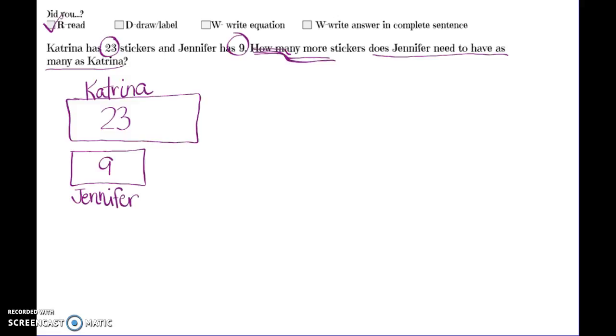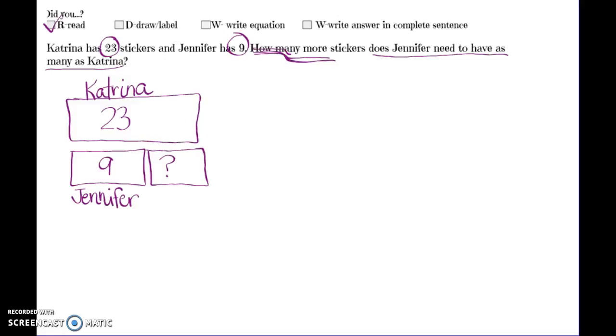What I don't know is how many Jennifer needs to equal 23. So my whole amount that I'm working with is 23. 9 is one part, and I have to figure out the next part.